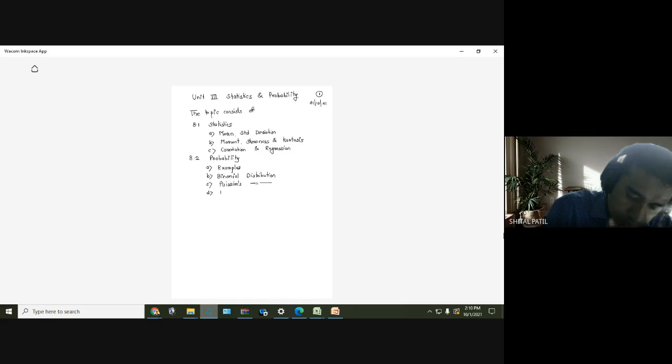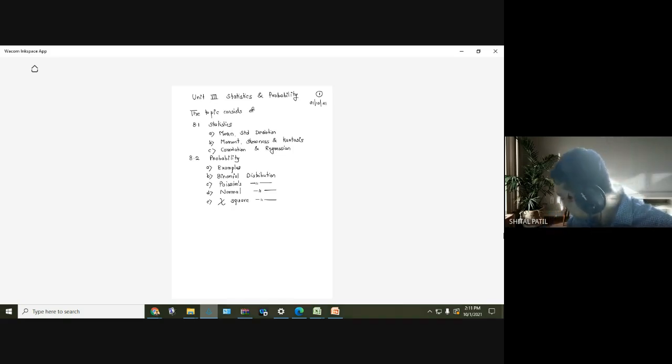Next is normal distribution. And last, this is the notation for chi, K-H-I, chi-square distribution.